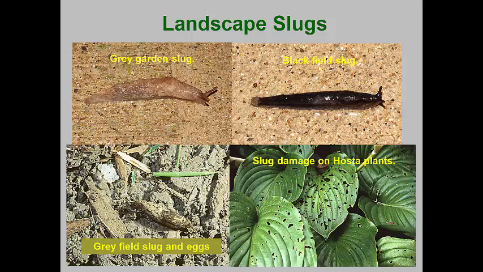The black field slug can reach 3 to 5 inches when fully grown. All these slugs feed on decaying plant materials, but they will often feed on succulent leaves. Hosta growers commonly have to deal with slugs as they grow their soft-leaved plants in shady and moist environments where they are preferred by the slugs.